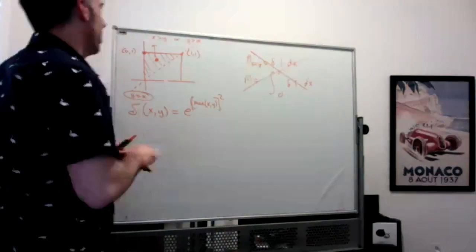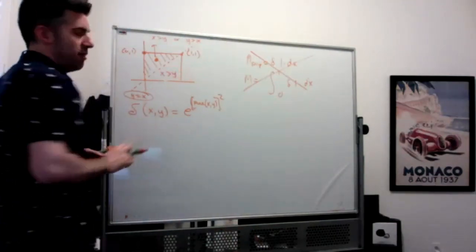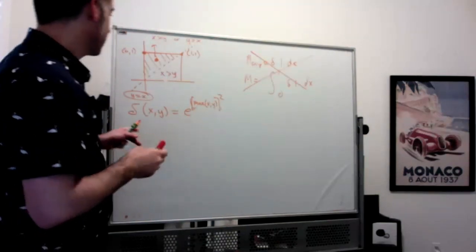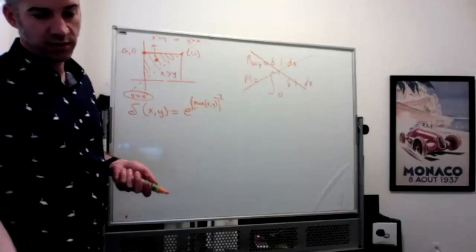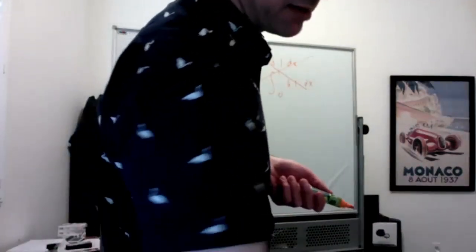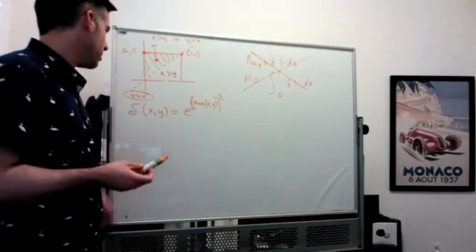We're working on this problem where we're asked to find the mass of this 1 by 1 square whose density is given by the function e to the maximum of x comma y, squared. I believe this is from a worksheet, I'm guessing from Morris's class, but I don't actually know. I've seen this problem before though, in various classes.